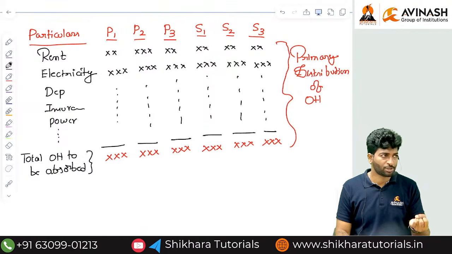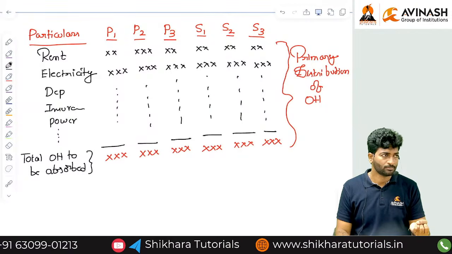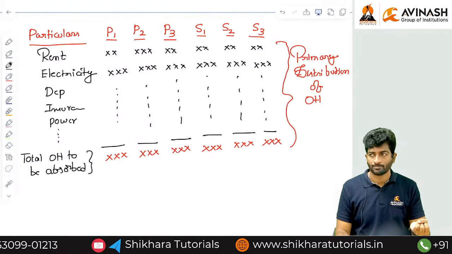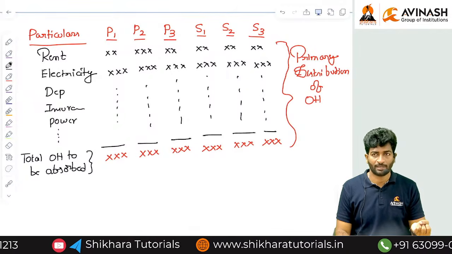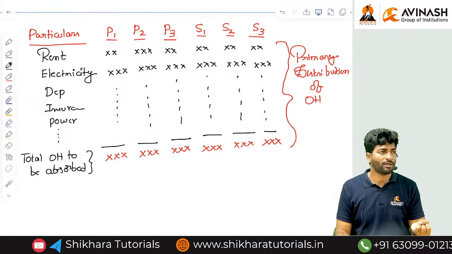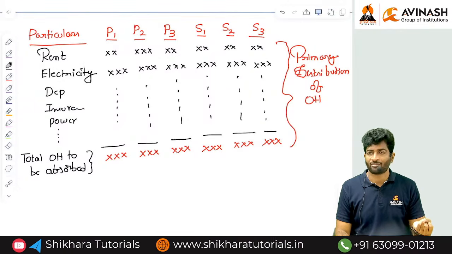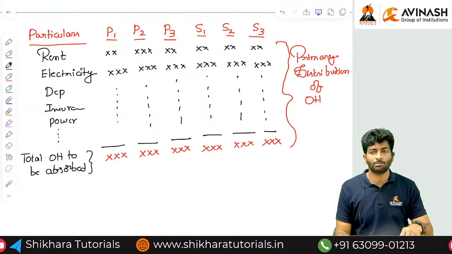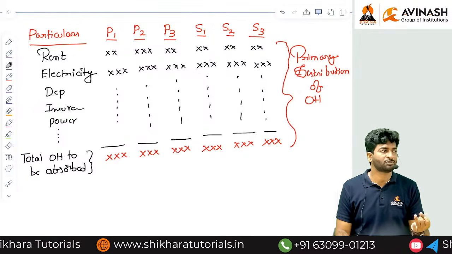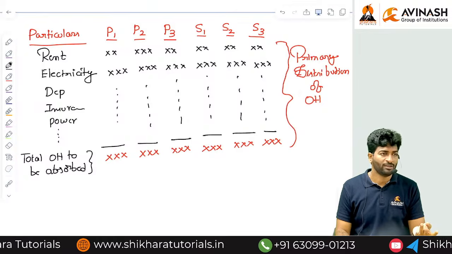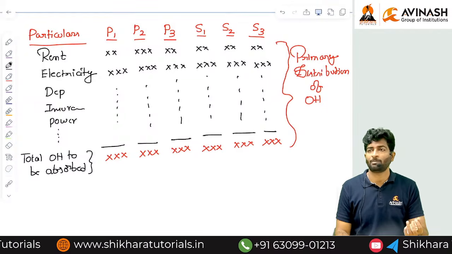Direct redistribution method, step method, or non-reciprocal method. After that, reciprocal methods. Under reciprocal methods, first one is simultaneous equation method, trial and error method, repeated distribution method.